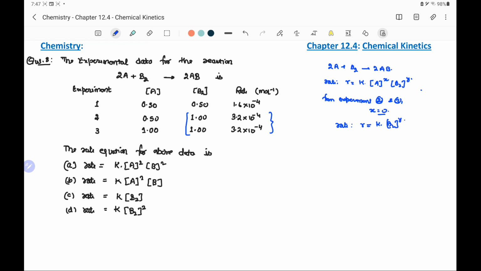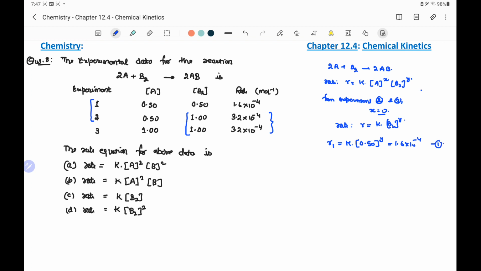For calculating y, we consider experiment numbers 1 and 2. In these experiments, the concentration of A is 0.50, 0.50 and rate does not depend on the concentration of A. So with the help of the concentration of B2 and the rate, for the first experiment the rate is the rate constant K times the concentration of B2, 0.50, raised to the power y, and this rate is given 1.6 into 10 to the power minus 4.